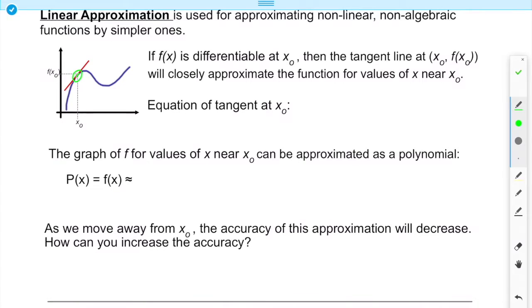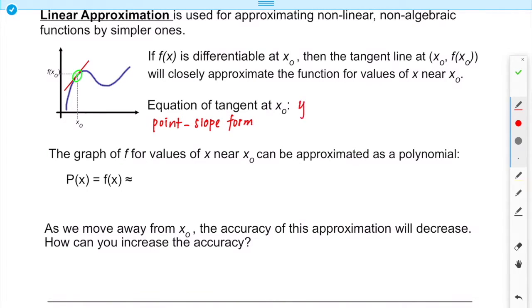So we say that we can assume that the function f of x is differentiable at the point x0, and then the tangent line drawn at this point can closely approximate the function for the values of any x values near x0. Since the equation of a tangent is linear, I'm going to use point slope form to write out the equation of the tangent.